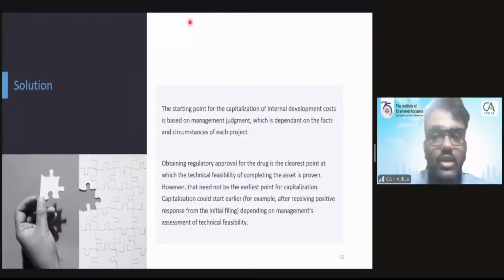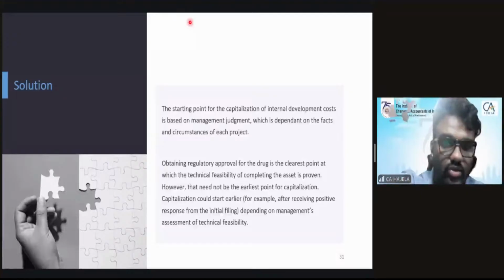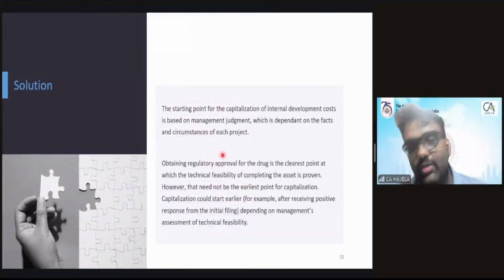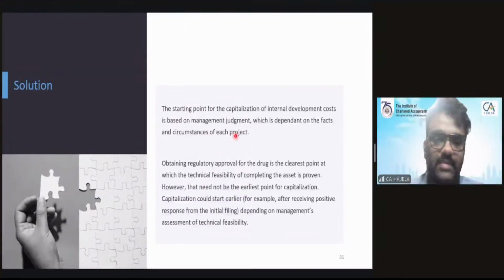So as I told you, there is no thumb rule, there is no line which separates this. Research and development में judgment involve होगा ही होगा. The judgment will be there in research and development, right? So it depends.